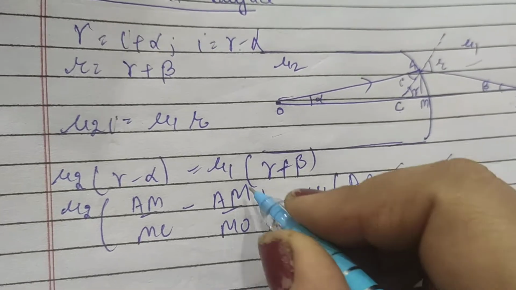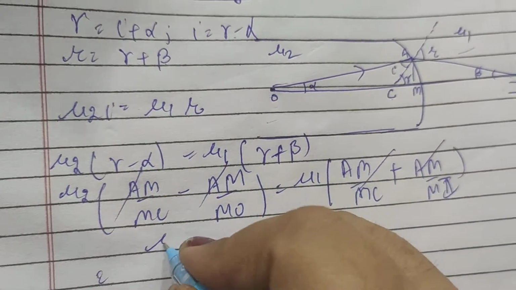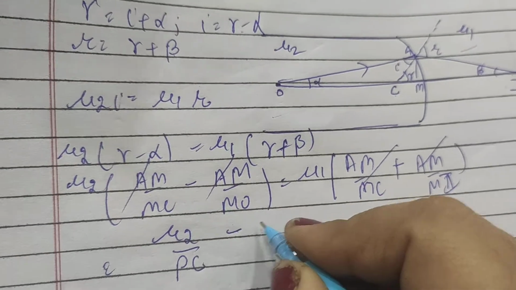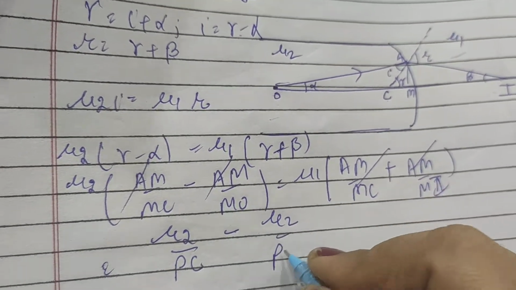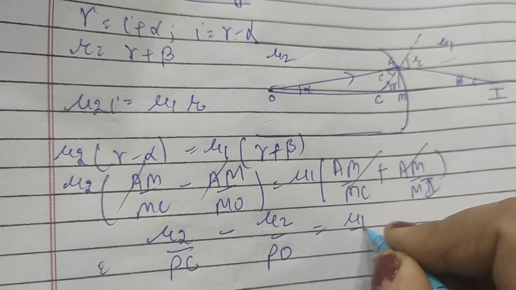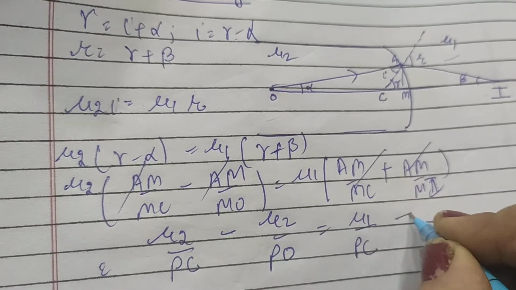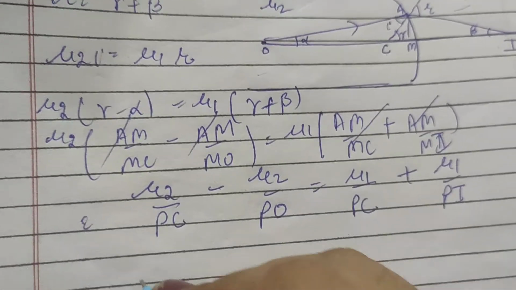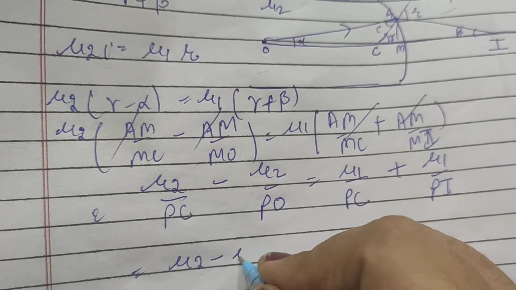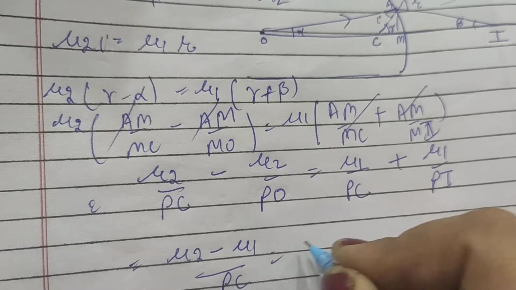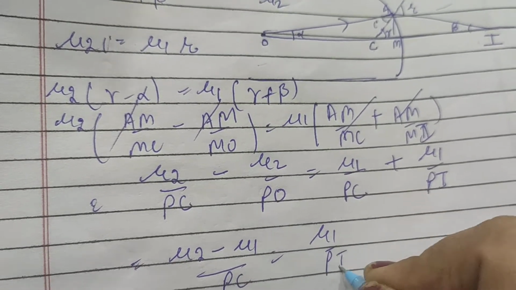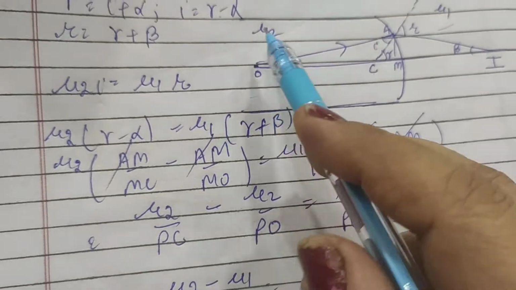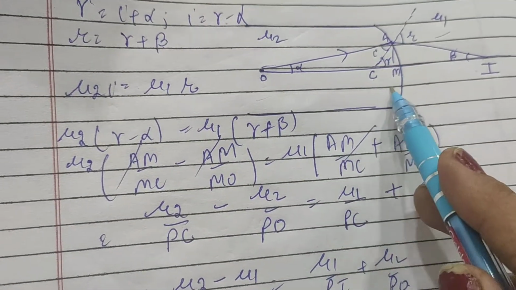So cancel out AM from both sides. We will have mu2, replacing M by P, so this is mu2 by PC minus mu2 by PO is equal to mu1 by PC plus mu1 by PI. So taking PC to that side, this is mu2 minus mu1 by PC is equal to mu1 by PI plus mu2 by PO. Using the sign convention, PC is to the left, so take it negative.